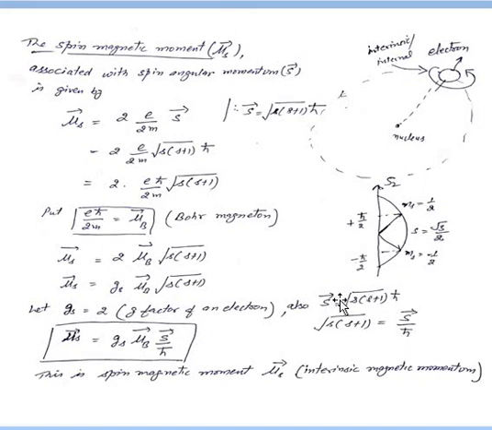So now we will use this expression here. We see that mu s is equal to g s mu B, the spin magnetic moment, divided by h cross. So this is the expression for the spin magnetic moment, mu s, and this is only due to the intrinsic or internal spin of the electron, and it is also known as the intrinsic magnetic moment.